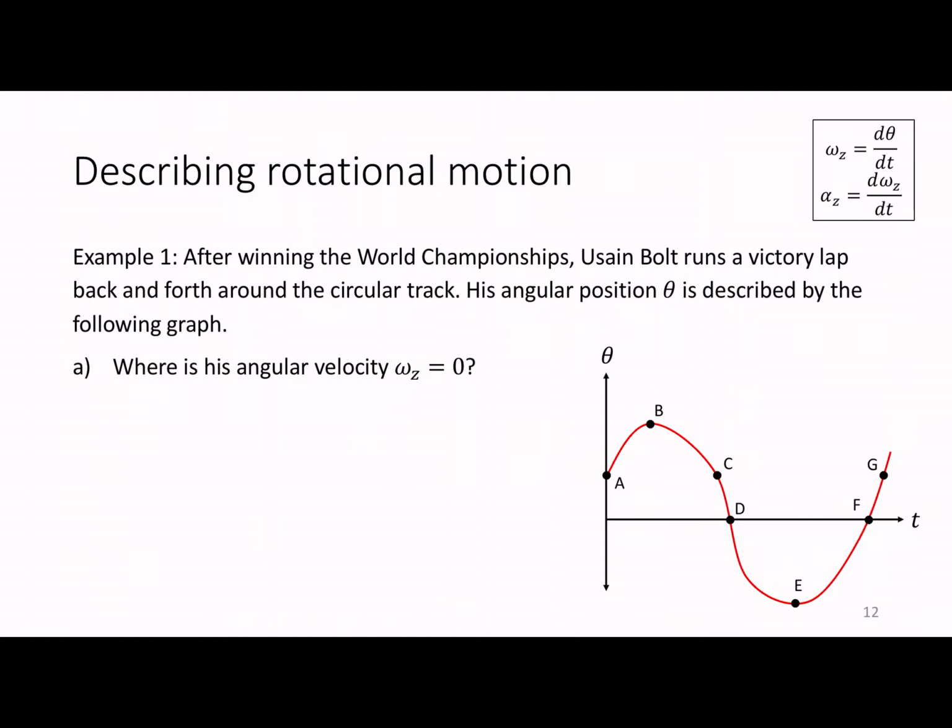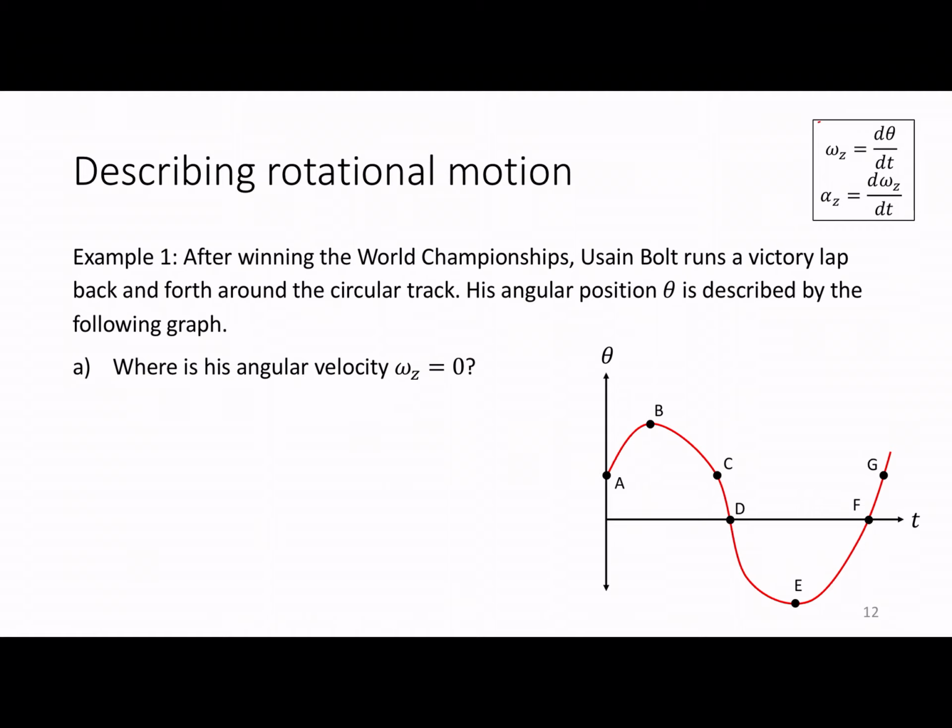All right, so where on this graph is his angular velocity omega z equal to 0? I've labeled 7 points here, A through G. Take a quick second, write down what you think the answer is. And now let's see what's going on here.